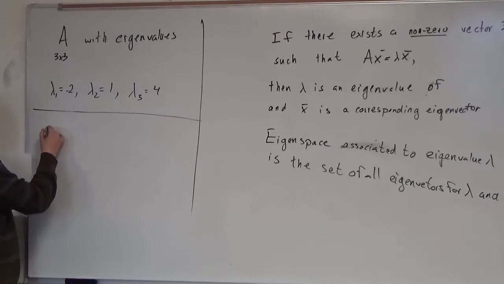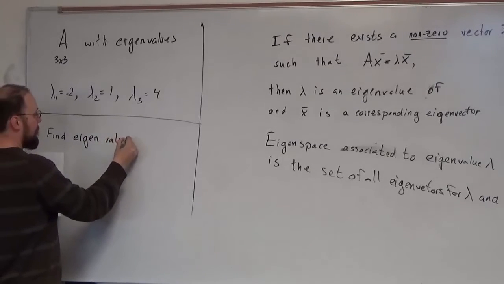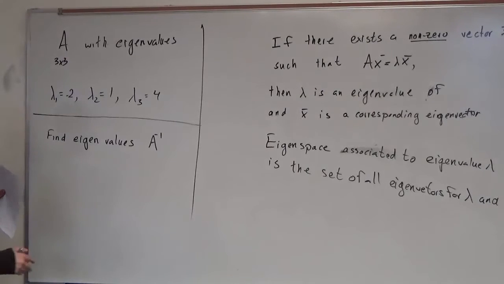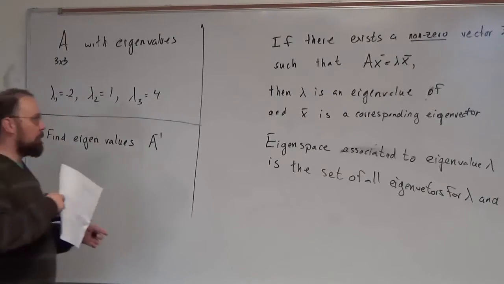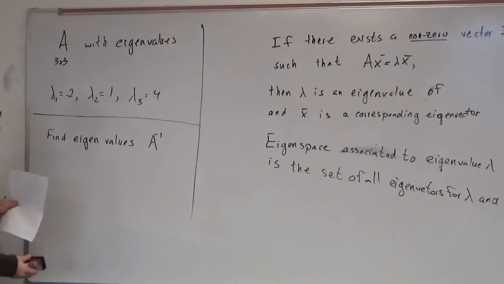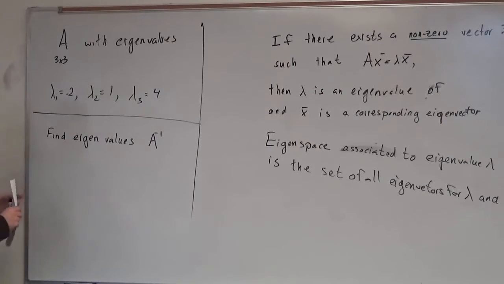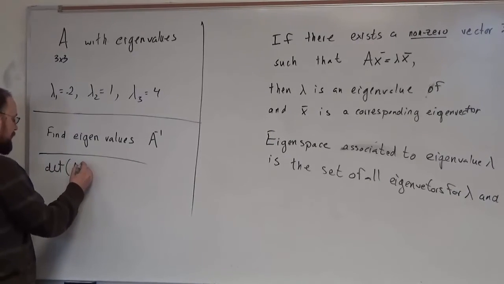What can we say about the eigenvalues of A inverse? First of all, how do I know that this matrix is invertible? Here's a nice theorem: the determinant of the matrix is equal to the product of the eigenvalues.